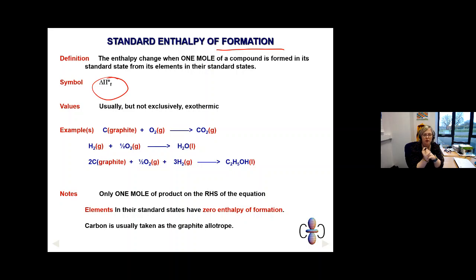So 1 mole of product on the right hand side of the equation. Elements in their standard states have 0 enthalpy of formation. So carbon is usually taken as the graphite allotrope as well. These are just a few notes for you to take into consideration, because it's going to be true throughout the enthalpy unit.